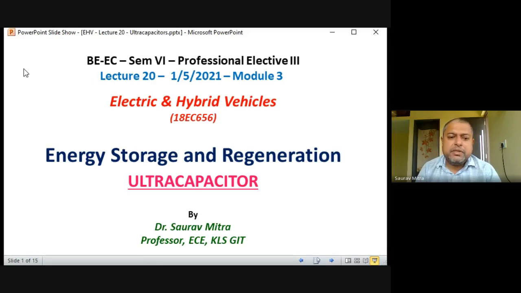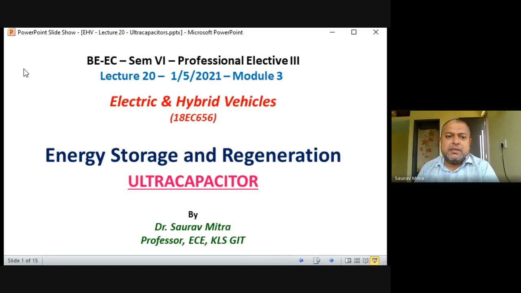Battery is mainly an energy source, so we can get energy from there. But if we want very fast energy from some charge-storing element, battery discharge is not very fast compared to ultracapacitor. So ultracapacitor is kind of a power source, and battery is an energy source.